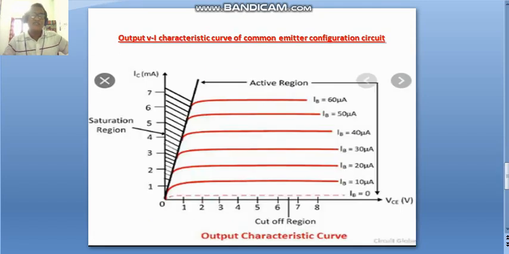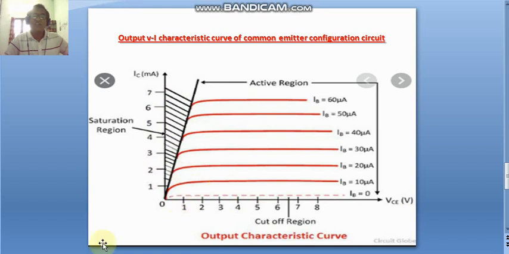Now let us discuss the output VI characteristic curve of common emitter configuration. Similarly, we take VCE on the X axis and IC on the Y axis. By keeping IB constant in the input circuit using rheostat 1, we change the value of VCE with rheostat 2. The current increases, and we take VCE values on the X axis and IC values on the Y axis.